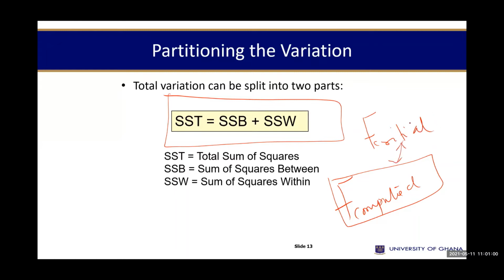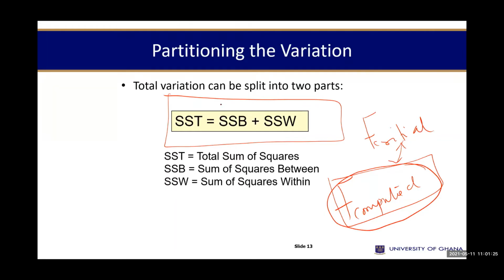We compare these two, and the decision rule is the same: if computed is greater than the critical, we reject the null hypothesis. So in order to find F computed, we need to use the data to estimate our variation within groups and between the groups that we have.